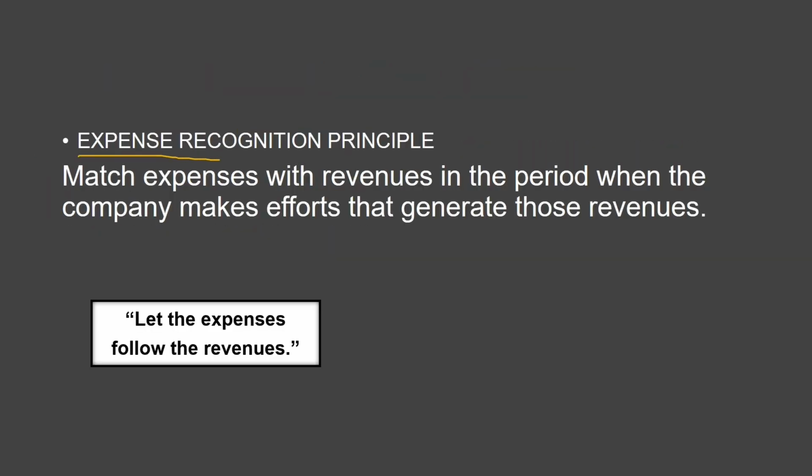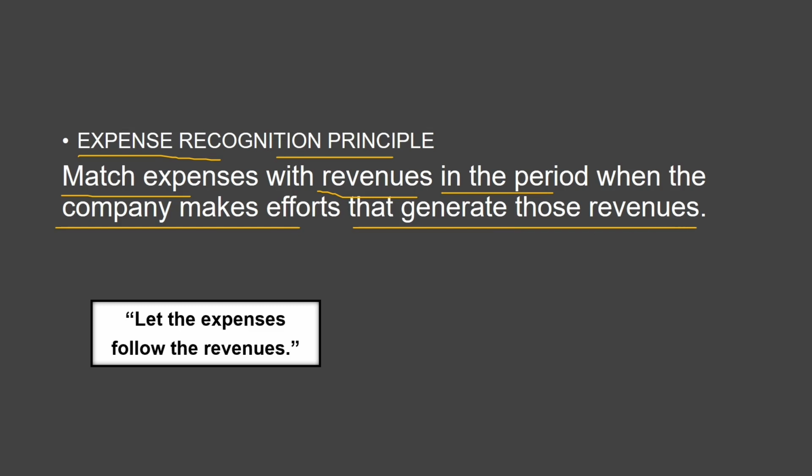The expense recognition principle tells us when we need to record the expenses: we match the expenses with the revenues. What does it mean? We will have to match the expenses with revenues, which expenses are associated with generating the revenue in the period when the company makes efforts or generates those revenues.